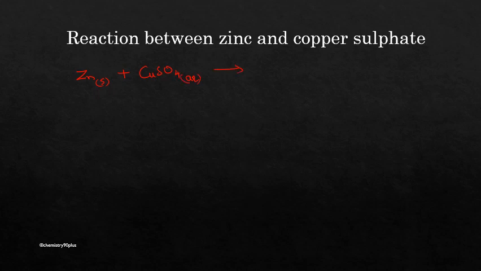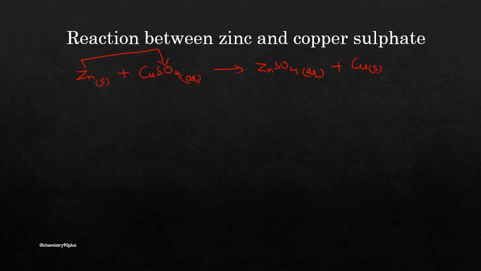So you will get, it's a single displacement reaction, oxidation reduction reaction, right? So here Zn combines with the SO4 because Zn is more reactive than copper in the reactivity series. So we will get the product ZnSO4, which is aq, can be soluble in water, copper, which is solid.